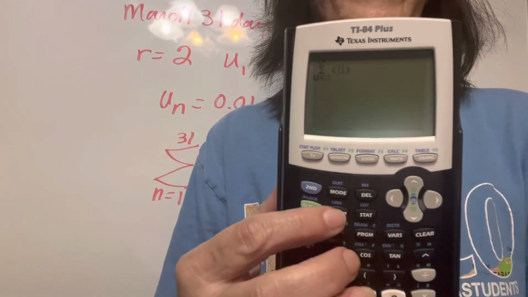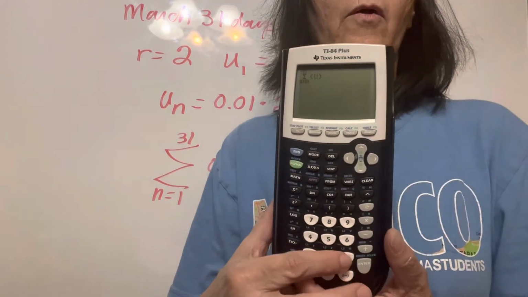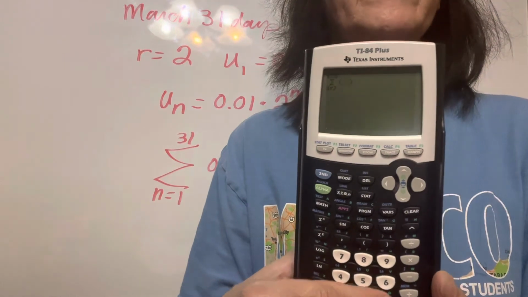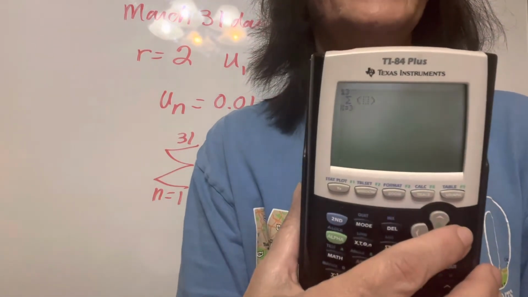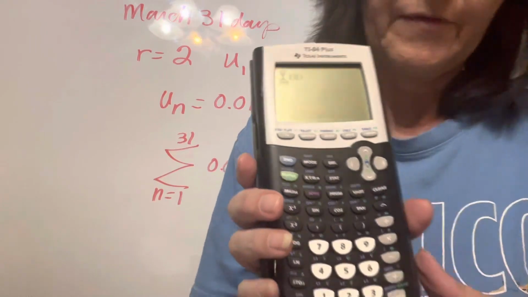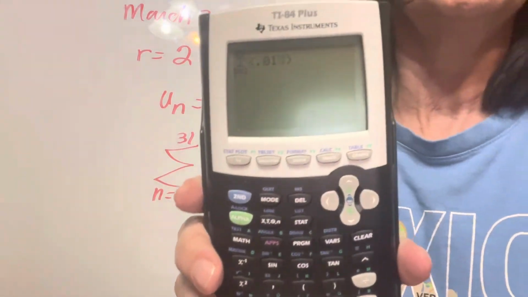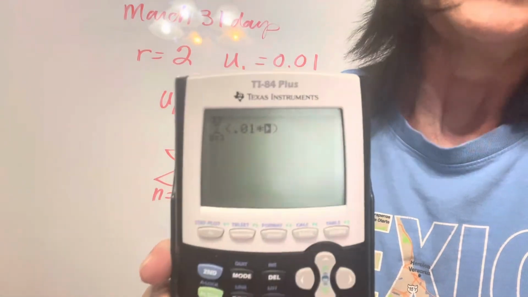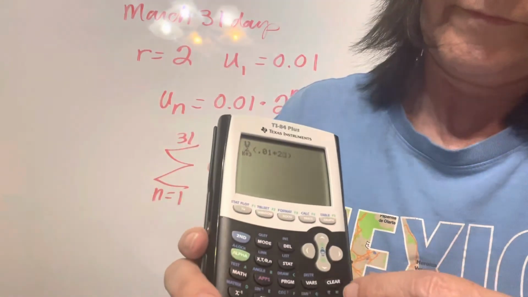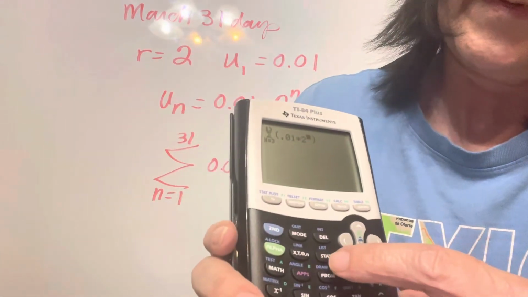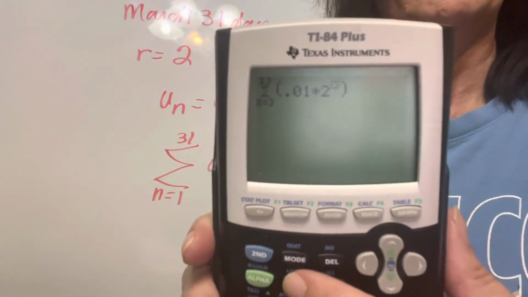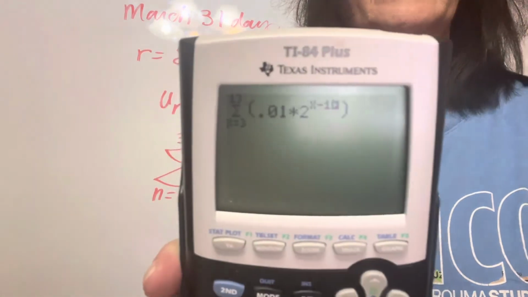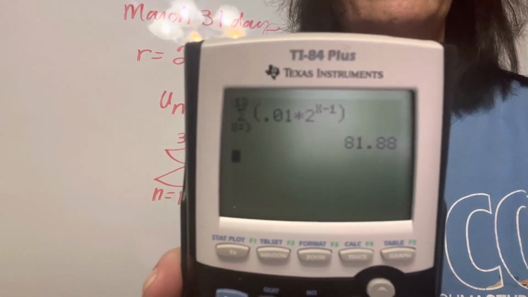I'm going to put in my variable, 1 to 31, then 0.01 times 2 raised to the variable minus 1. Did I get it all in there? No.